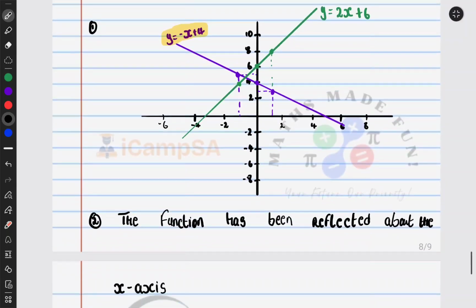And then we know that positive 4 means the function has been shifted 4 units upward. It has been shifted 4 units upward.